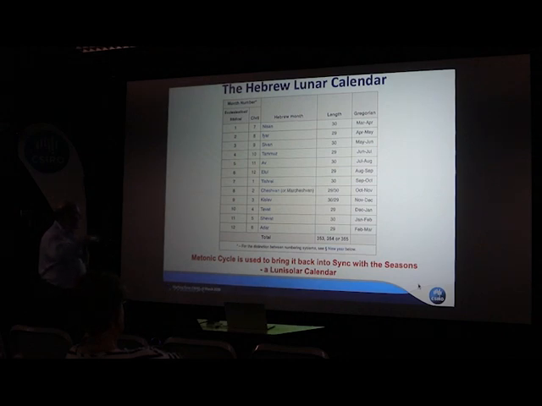bring it all into sync with the seasons. And because of that, it's called a lunisolar calendar, because they wanted to connect the phases of the moon, the lunation, with the position of the sun and the timing of the seasons.